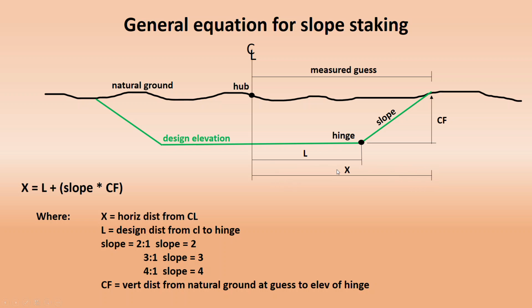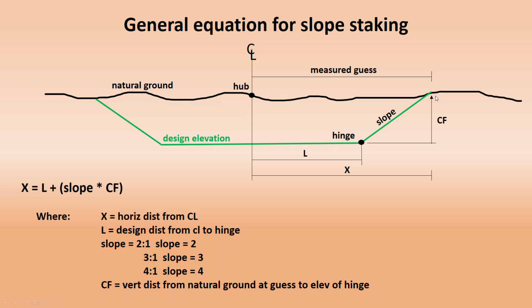L is the design distance from your center line out to the point that I'm going to call the hinge. And the hinge is where your slope begins. L is a fixed dimension. It doesn't change. From that hinge point, we go up on a predetermined calculated slope.